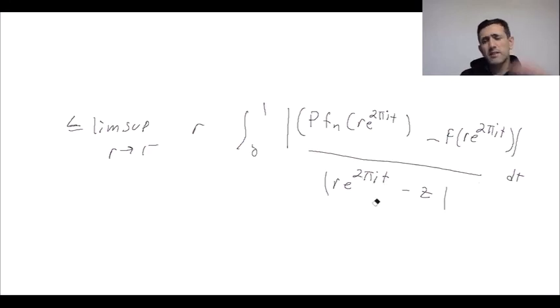Okay? And again, this denominator here, r is going to 1, z is fixed. So this is bounded by, well, I'll write kind of in red here, I'll erase it in a second.